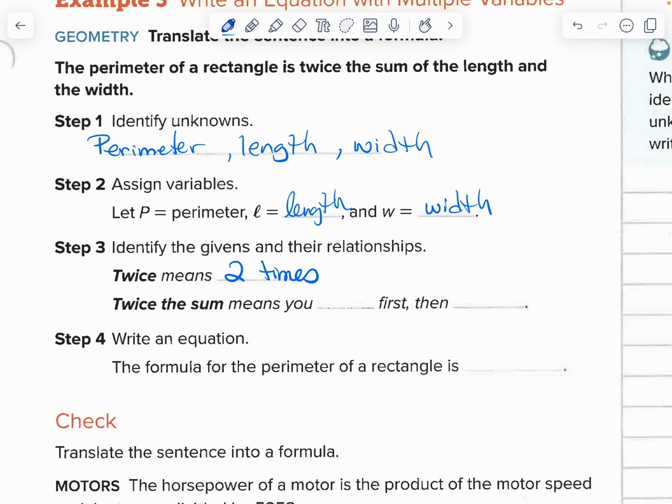Twice the sum means that you add first, because sum, and then you multiply. So the formula is perimeter equals 2 times the sum of length and width.